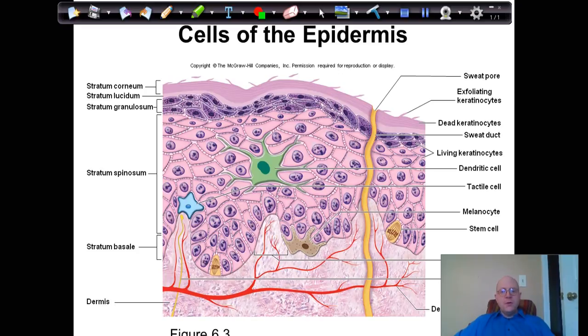So all the keratinocytes that are nearby the melanocyte will now absorb the pigment of melanin that the melanocyte released. And then that pigment gets taken in, and it gets collected over the nucleus of each of the cells. It doesn't necessarily spread evenly throughout the cell's cytoplasm. It almost makes an umbrella over the nucleus of every keratinocyte that gets melanin.